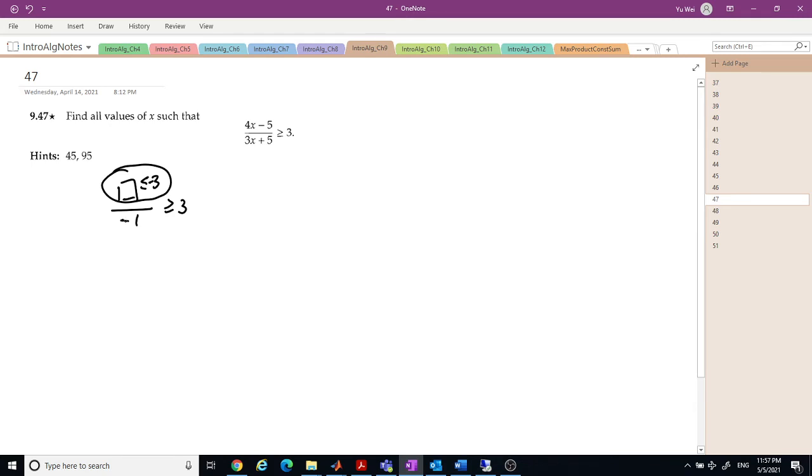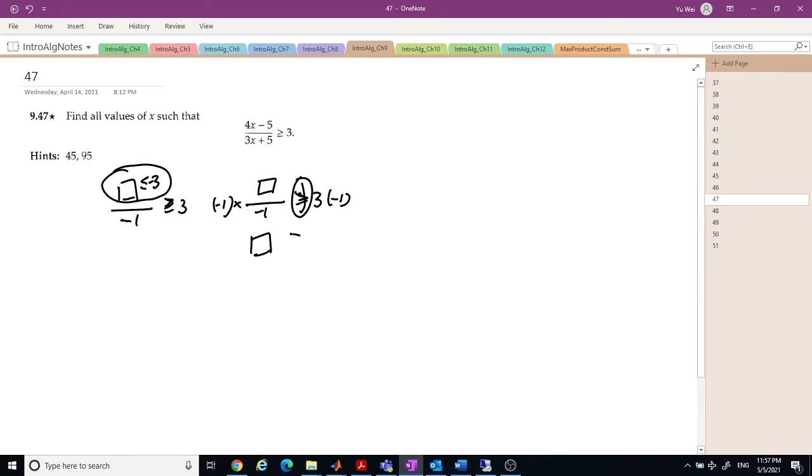So that's why it looks like how we get this, right? For example, if this one over -1 is greater or equal than 3, when we times the -1 on both sides, right? Remember, we need to change the direction of this inequality, because the numerator should be less or equal than -3, right?